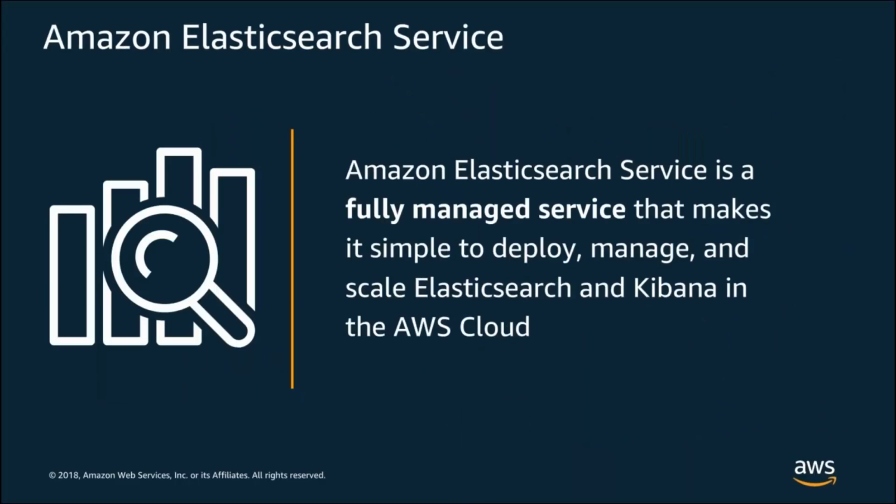Amazon Elasticsearch Service is a fully managed service that makes it easy to deploy and manage and scale Elasticsearch in the AWS cloud. We brought out this service in 2015, mostly in response to the popularity of Elasticsearch and wanting to provide additional benefits that would make it easier to use Elasticsearch.